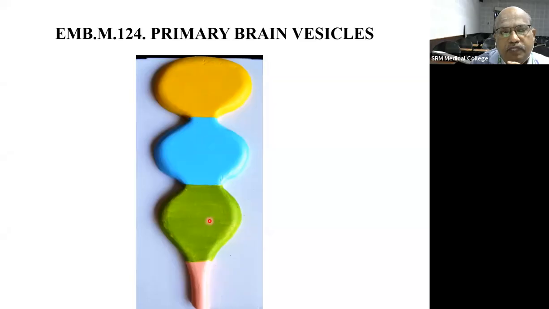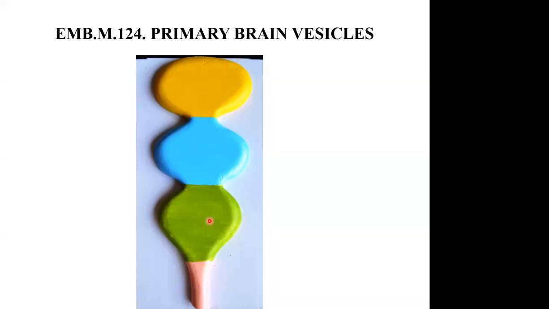Now the mesencephalon gives rise to our midbrain. What is the cavity of the mesencephalon? The aqueduct of Sylvius, or cerebral aqueduct, which connects your third ventricle and fourth ventricle. Next is the rhombencephalon, divided into metencephalon and myelencephalon.